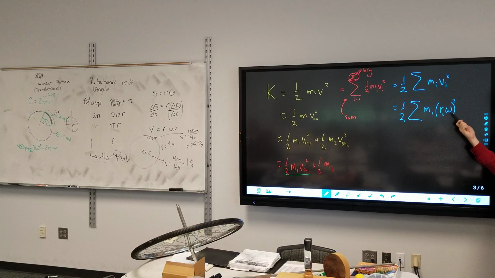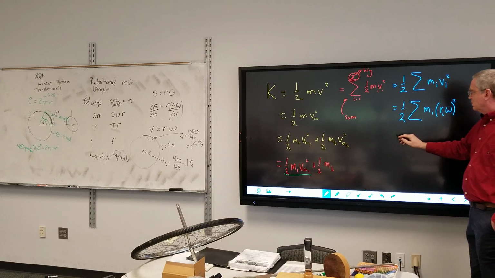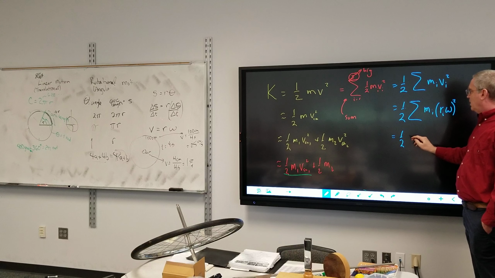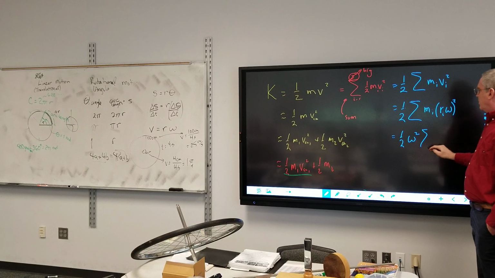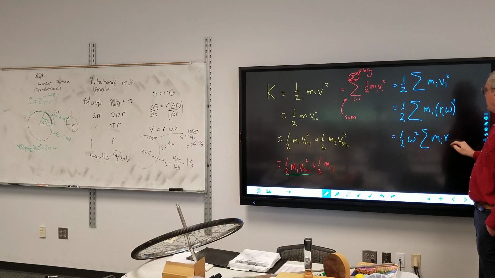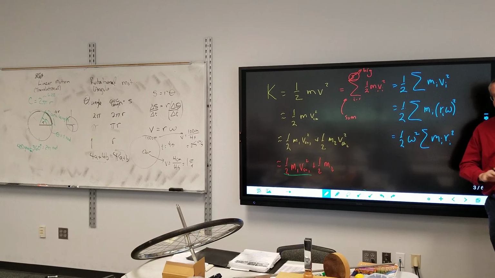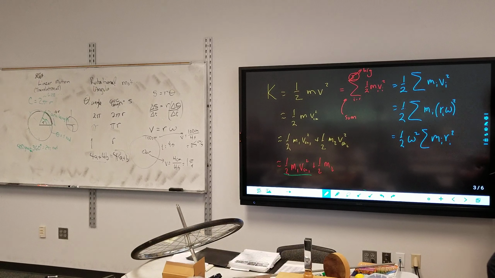The reason I don't have the subscript next to omega is that it's the same for everything in there. They all have the same angular speed. And just like the 1/2, I can factor it out, and what I'm left with is m i r i squared. Now, I know it's a lot of letters. Any questions up to here before I connect it back with the stuff that we've already done?